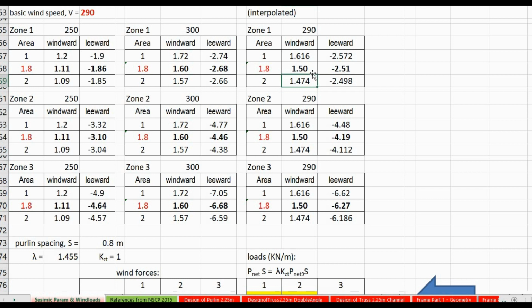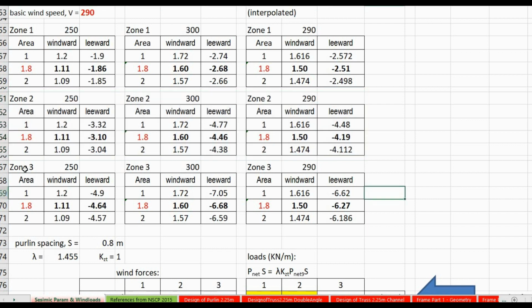But, this is only for zone 1 of wind speed 290. You do the same procedure for zone 2. Okay, for zone 2, this is zone 2. And you get 1.5 and negative 4.19.